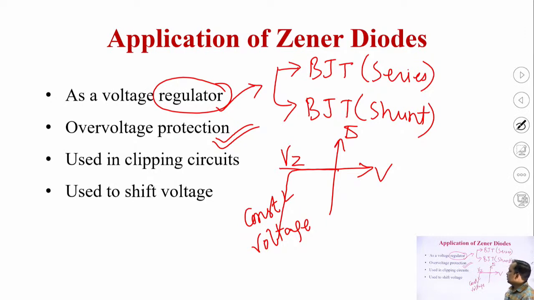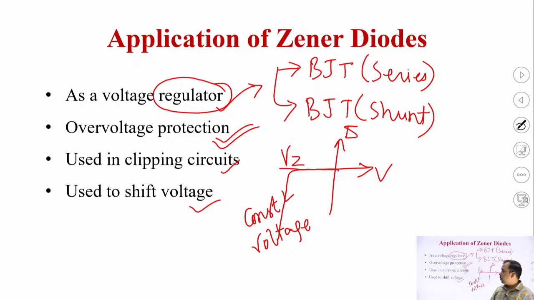Also, the third application is that it can be used in clipping circuits. We are already aware what clipping circuits are. Clipping circuits are basically circuits where some part of the input waveform is clipped off, either the positive half or the negative half. It is also used for voltage shifting.